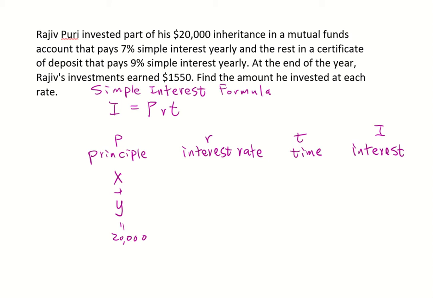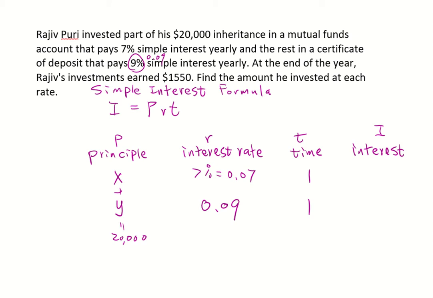For the interest rate, we know one is 7%, which is 0.07. The other one is 9%, which is 0.09. Okay, time, they're both 1 year, so 1 and 1.